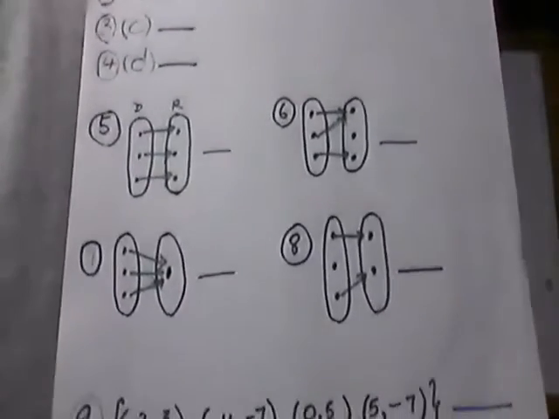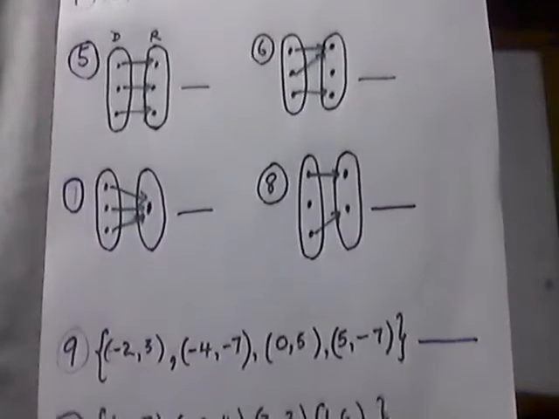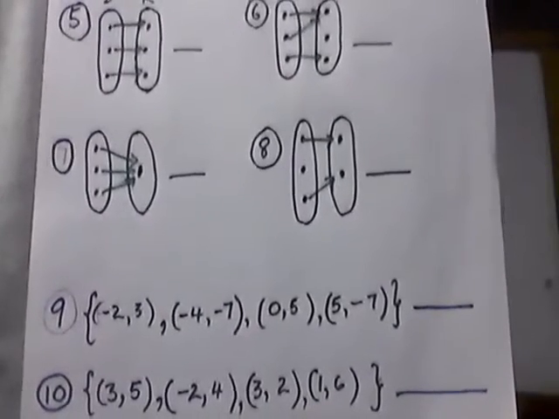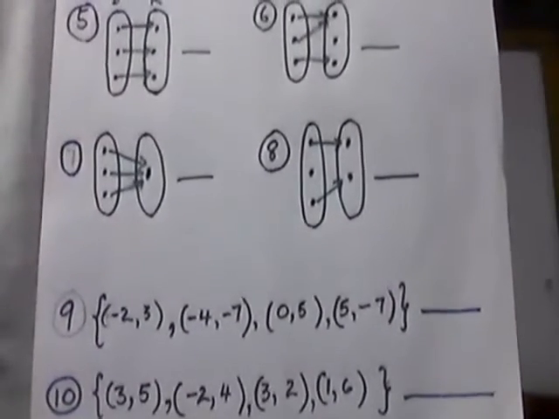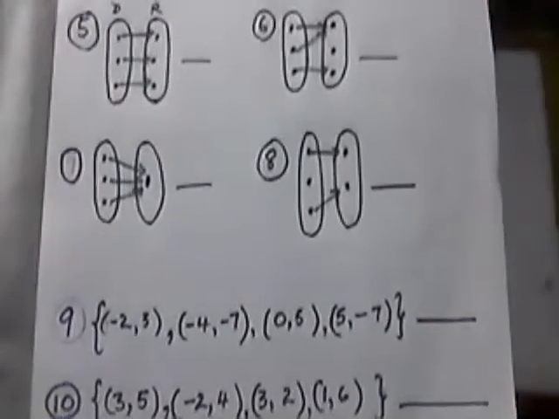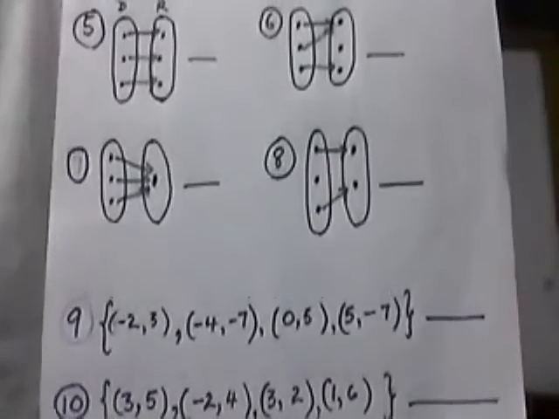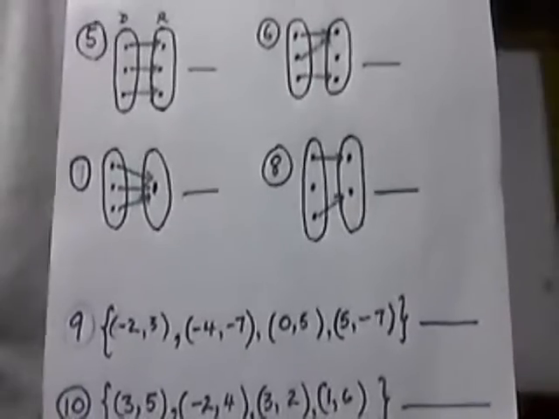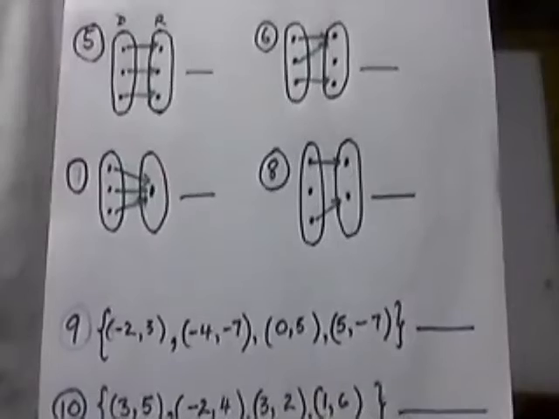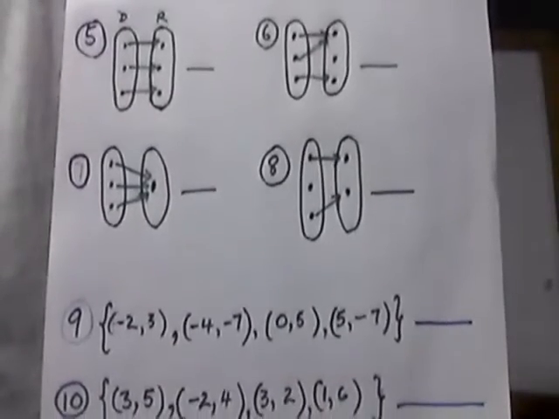And down at the bottom now we have some other ones. There you see it, 9, and then we have 10. So you look at those coordinates, those pairs, and remember the first of the coordinates is always the x-axis or the domain, and the second one is the y-axis or the range.